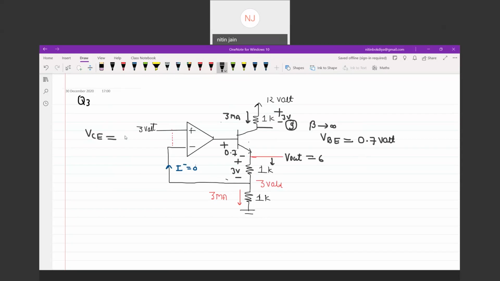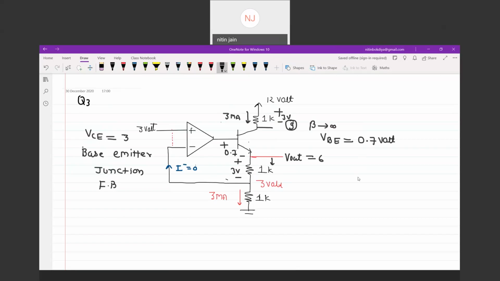If VC is greater than 0.2 volt, then this transistor is working in the forward active region. VC in our case is 3 volt and the base-emitter junction is forward biased. This is a sign of a transistor working in the forward active region.